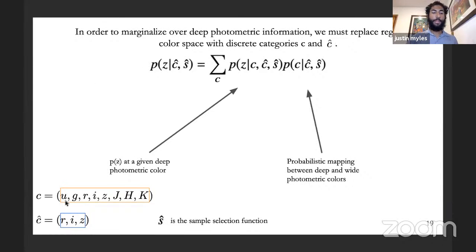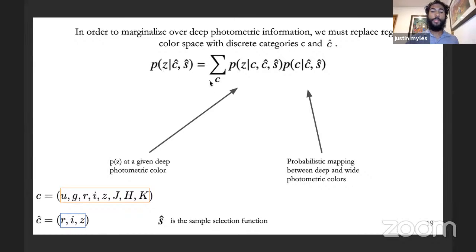So now what I've done is I've replaced a deep photometric color with the label C, and it just represents some category, which is a part of deep color space. And I have replaced the riz wide photometric color with C hat, and that represents a part of the wide photometric color space. We've also replaced that integral with the sum. So instead of integrating over deep color, we're now summing over these categories C. And what we want to know is, at a given wide category C hat, what is the p(z)?